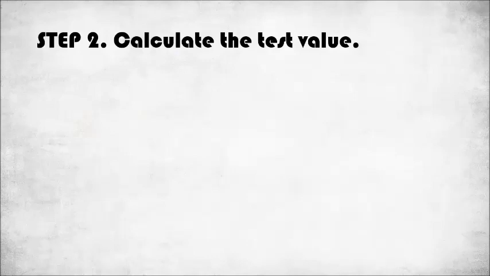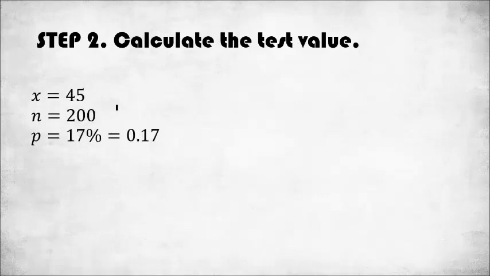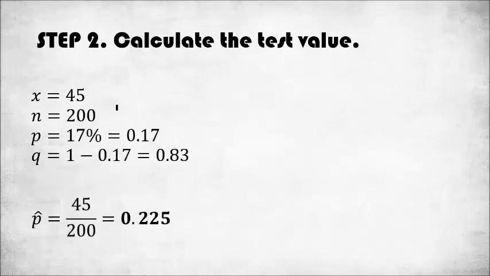So dito, balik na rin natin yung process. Calculate the test value, state all the given, and then find Q at saka P hat. So ang ating failure is 0.83 or 83% given by 1 minus P, that is 0.17.